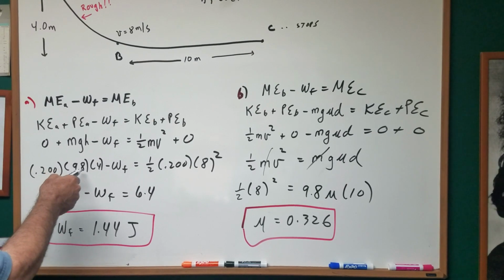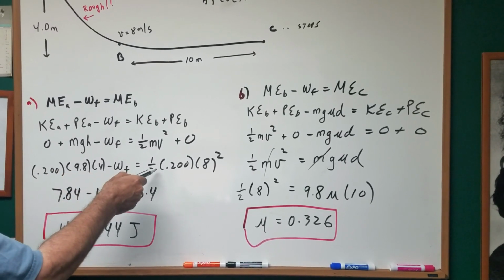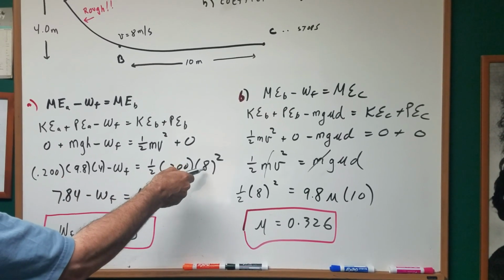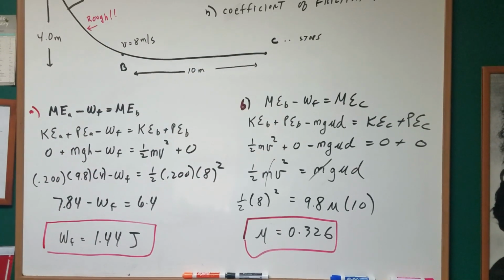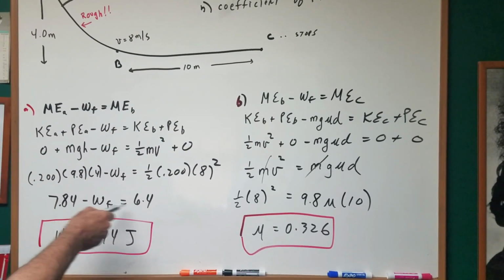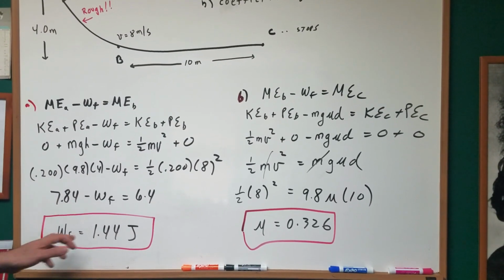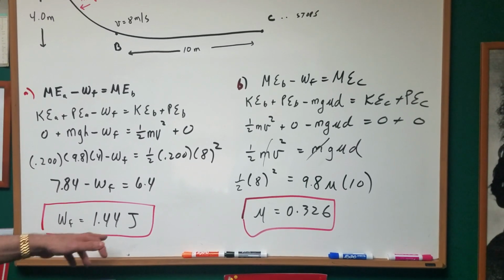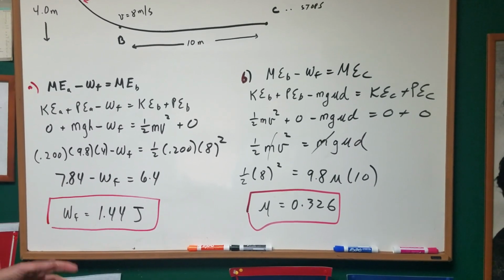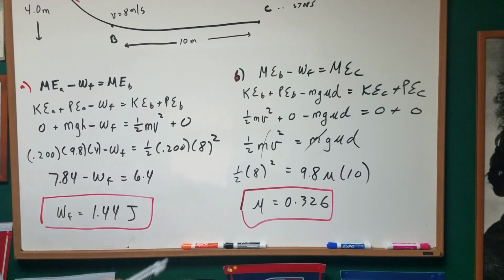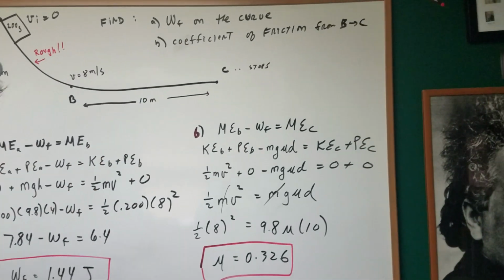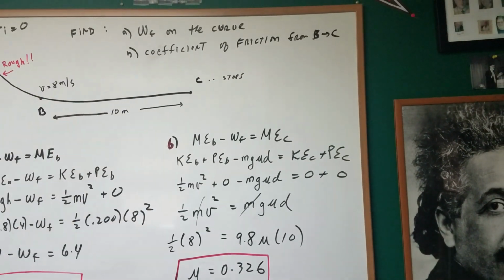There's the mgh minus the work of friction is 1/2 times the mass. The velocity is 8, and we square it. I show you the work, and whoosh, we get the work of friction is 1.44 joules. Not so bad.